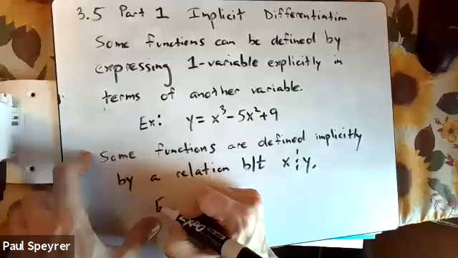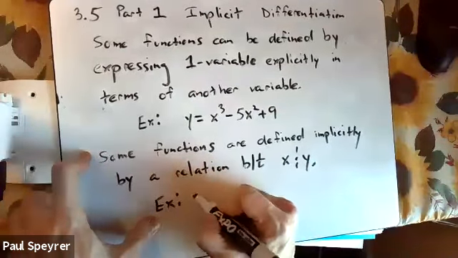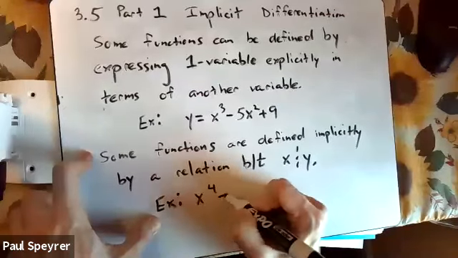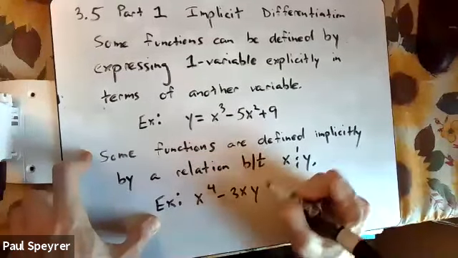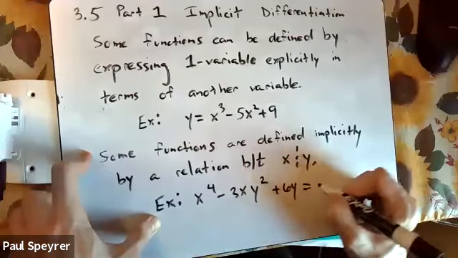An example of this could be something like x to the fourth minus 3x y squared plus 6y equals 2.